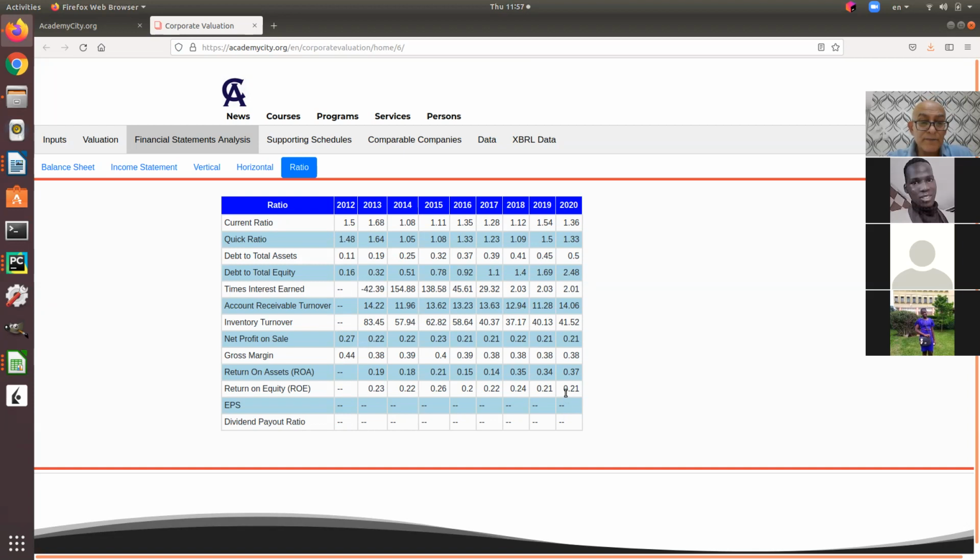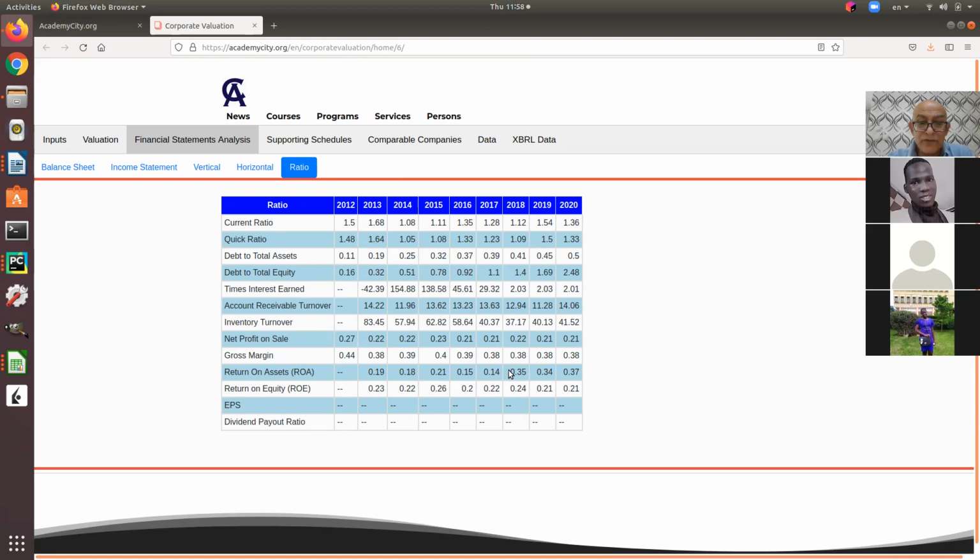Wow, no surprise. Return on assets used to be 0.19, went to 0.21, 0.214. So if I look at the years up to 2017, you can say it was around 15, 17, up to 21%, so let's say the average would be around 17%, 18%. A big jump in 2018.